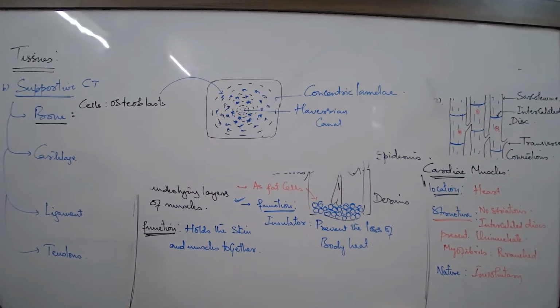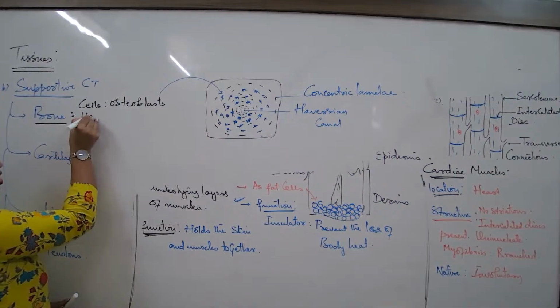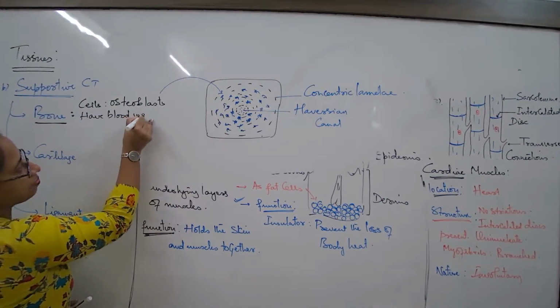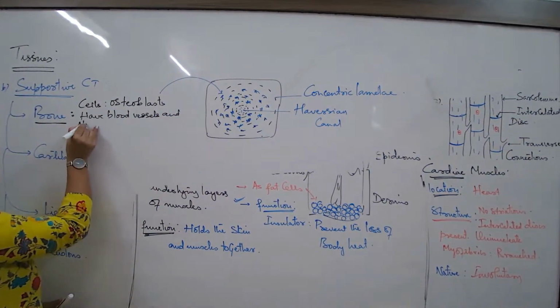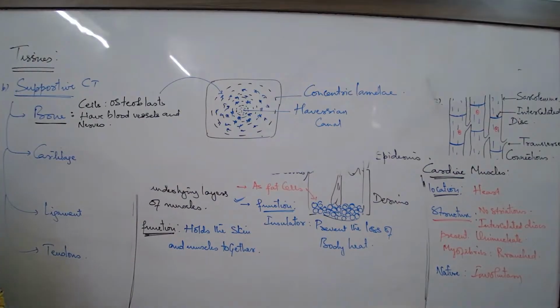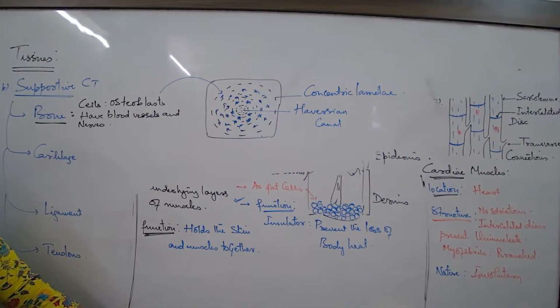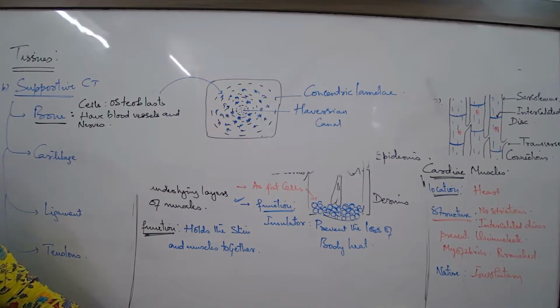So that means we understand that bones have blood vessels and nerve cells. Do they have blood vessels and nerves? Yes, bones have blood vessels and nerves. And that's the reason whenever there's an injury, there's blood release, oozing out of blood, and pain also.